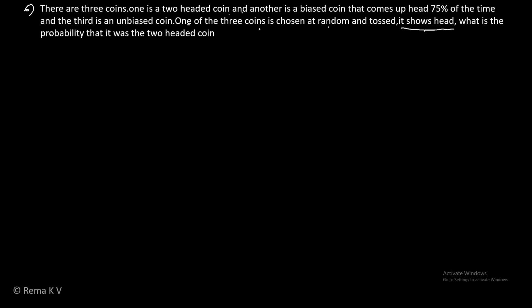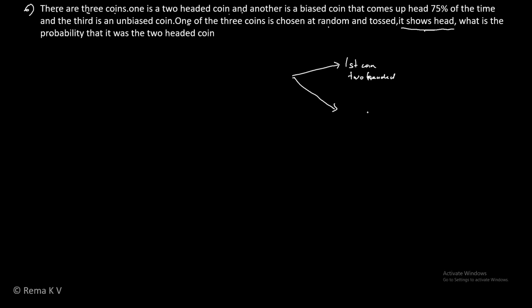So here in this, how many events are there? There are 3 events. 3 events, that means there are 3 coins. So the first coin, which is a two-headed coin, that is both the faces are heads.